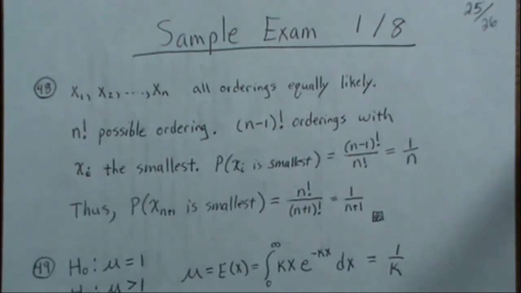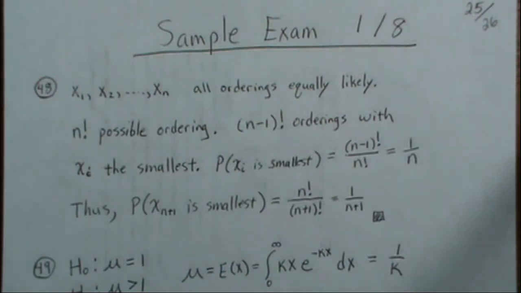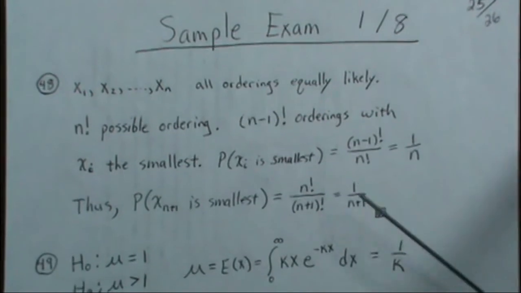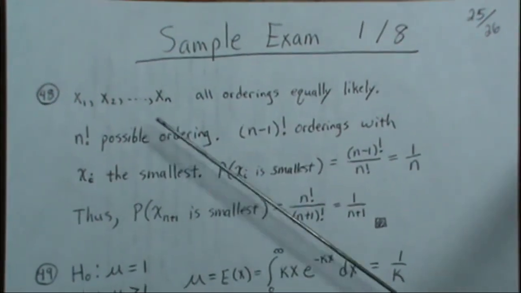This almost doesn't seem like there's enough information to answer this question, but there is. So let's think about the first n observations, not the n plus 1 that we're interested in.